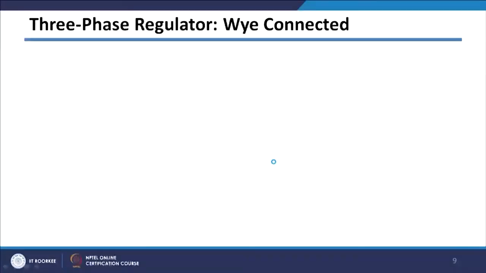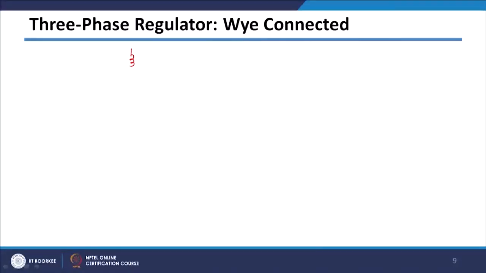So, we have seen till now the single phase regulator. Let us go for the 3 phase regulator. First we will see the simple configuration, that is the Y connected regulator. In this case also, as I told you, generally B type regulators are used. So, I am just taking your B type regulator.